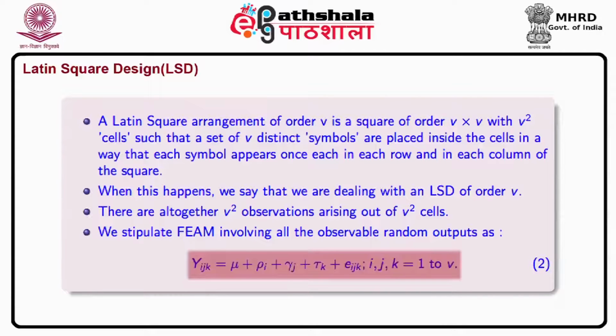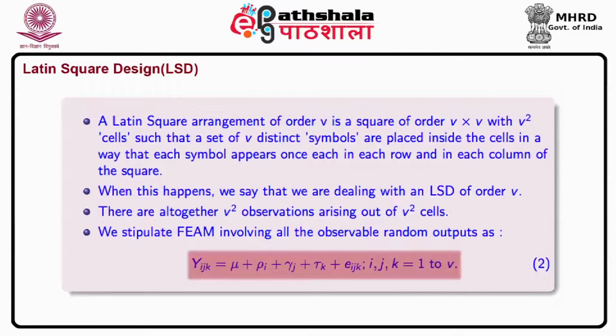Yes, sir. Now the second component looks like the row effect, third component looks like the column effect, and fourth component looks like the treatment effect, and then the error. Yes. So you are primarily interested in tau, that is your treatment effect, but you have been wise enough to incorporate the other two blocking factors, the row effect and column effect.